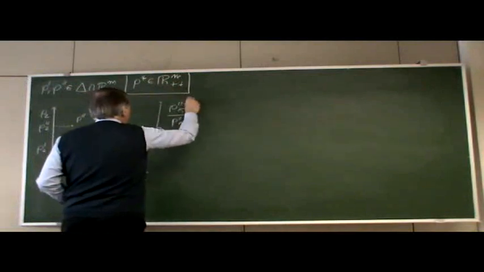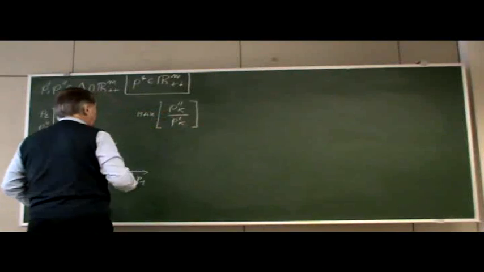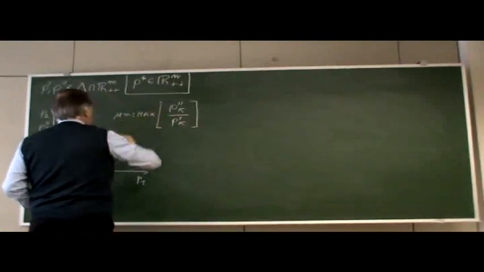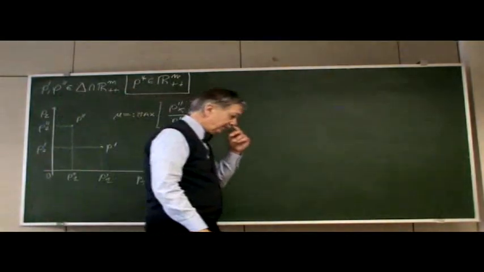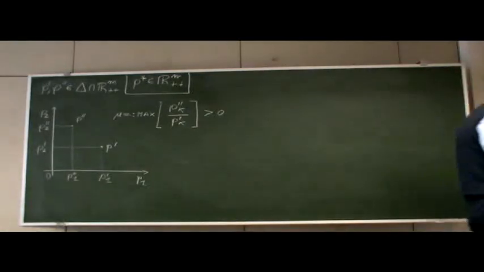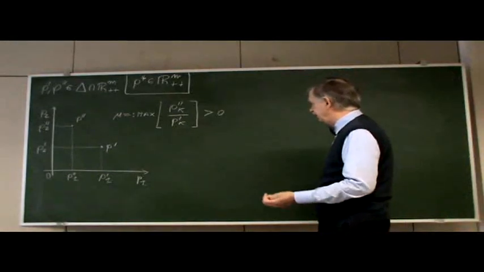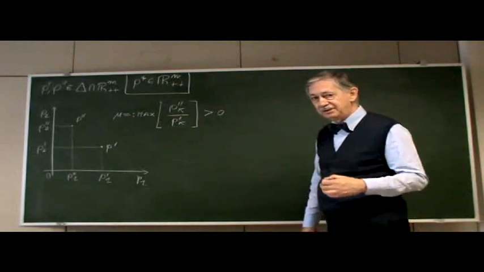Consider the maximum of these different ratios and denote it by mu. Mu is the greatest ratio between the components of P double prime and the corresponding components of P prime.